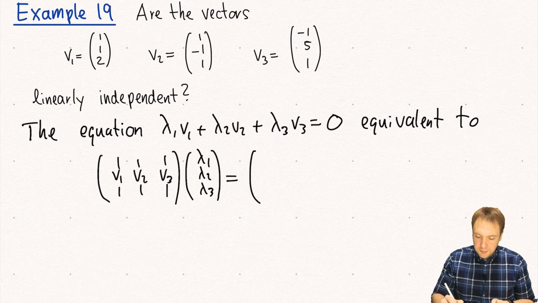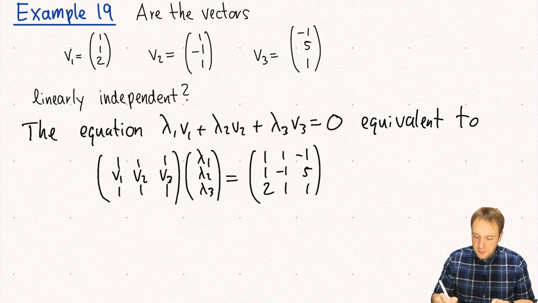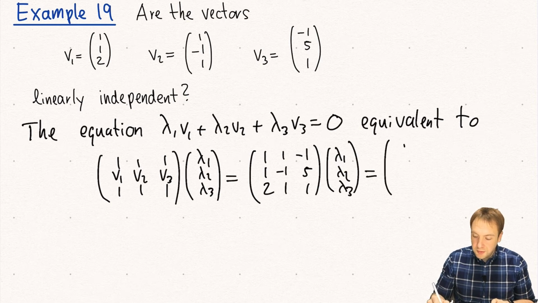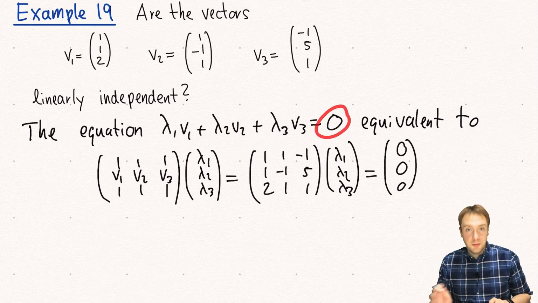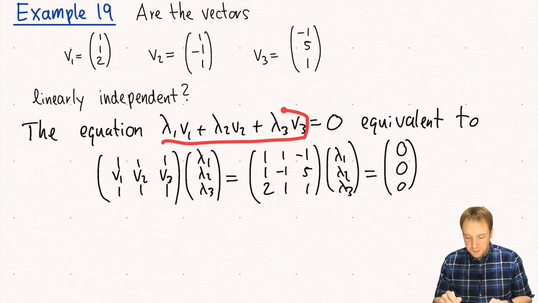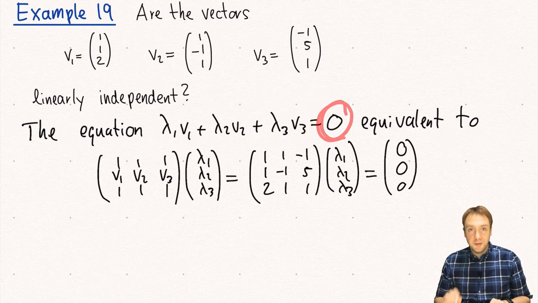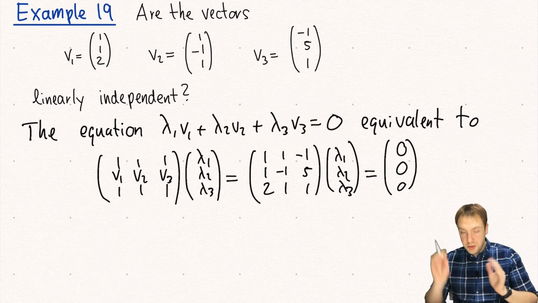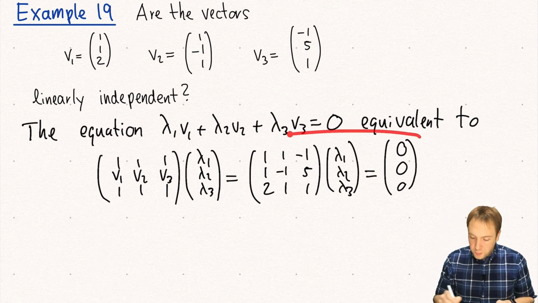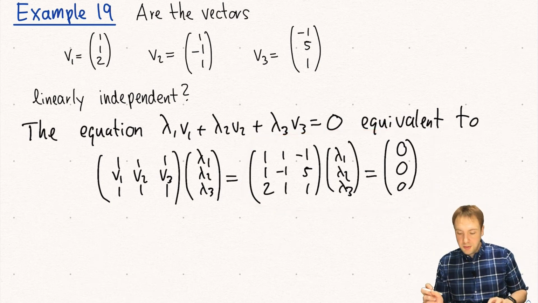So in our case, this is 1, 1, 2, 1, minus 1, 1, and minus 1, 5, 1 times lambda 1, lambda 2, lambda 3. And we want to see if this is 0, where by 0, as always, we mean the 0 vector. Because this is a vector, and if we ask this to be 0, then we understand that this 0 is a vector, which has just zeros everywhere. So we just want to solve this linear equation here.